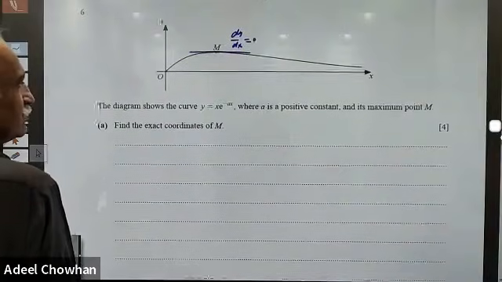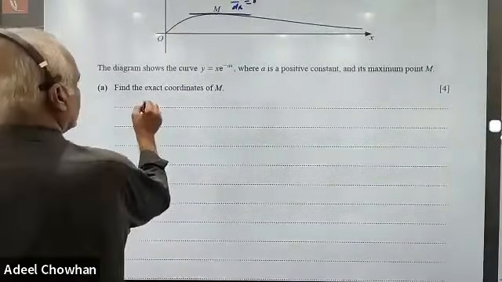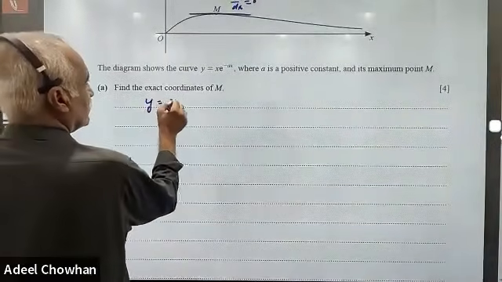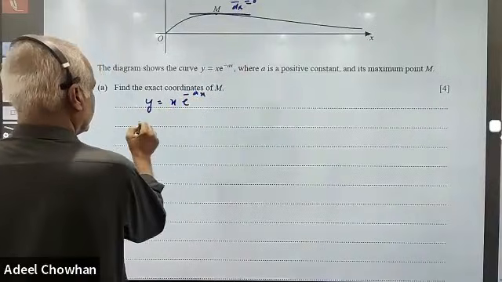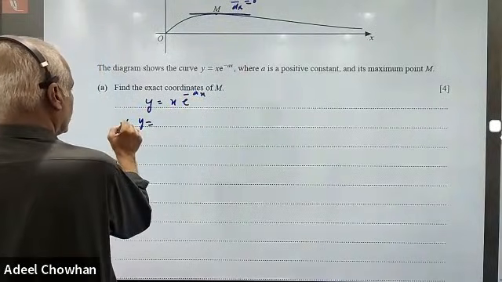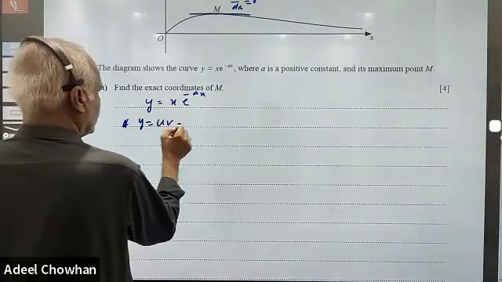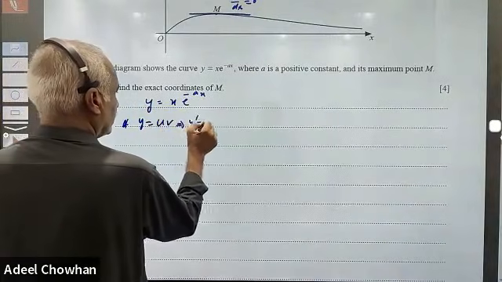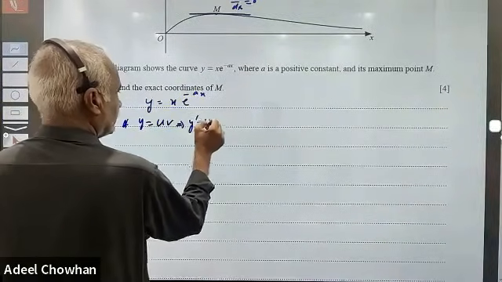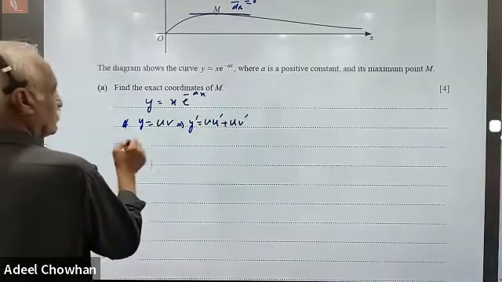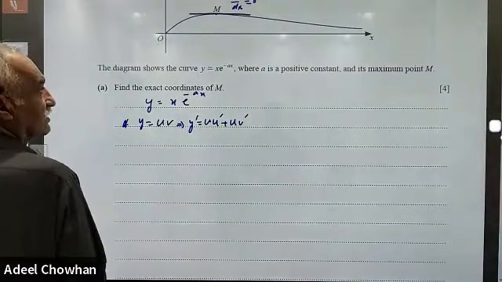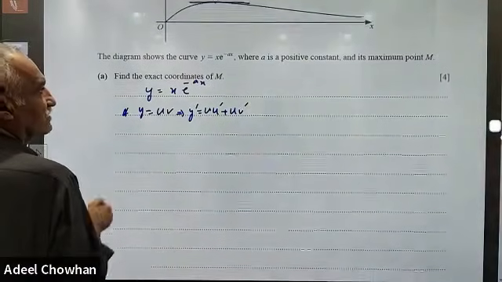So y = x e^(-ax). By applying the product rule, u is x and v is e^(-ax).